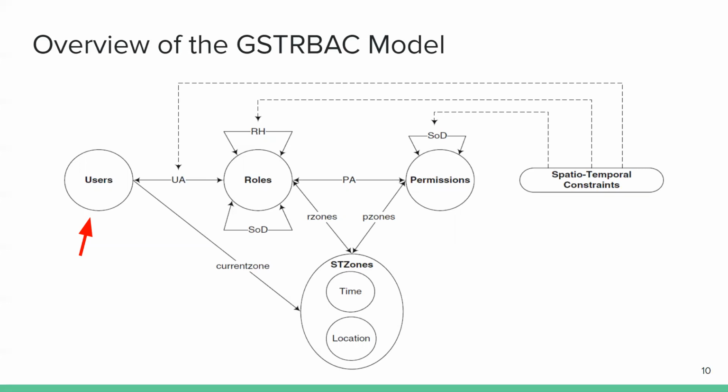Additionally, we have a set of roles, which can be assigned permissions and ST zones. Roles represent positions in the system, so things like manager, cashier, accountant. Since roles have different permissions, that means that they have different resources that can be accessed and actions they can take.